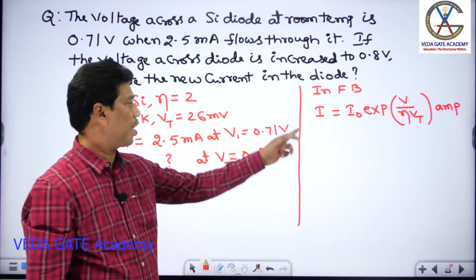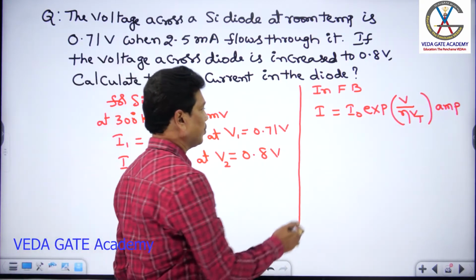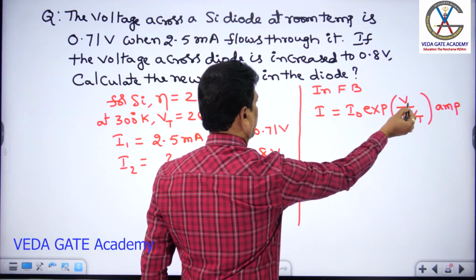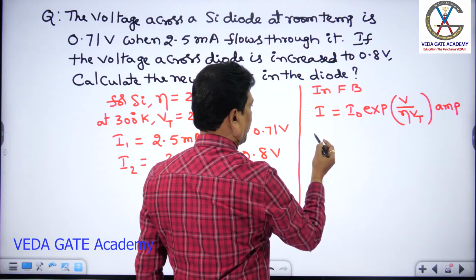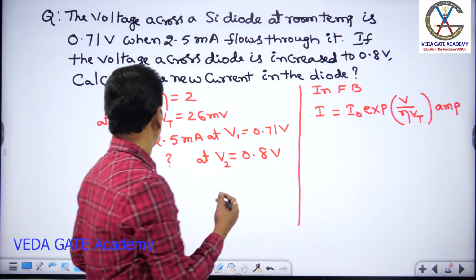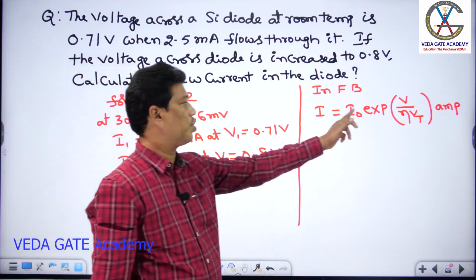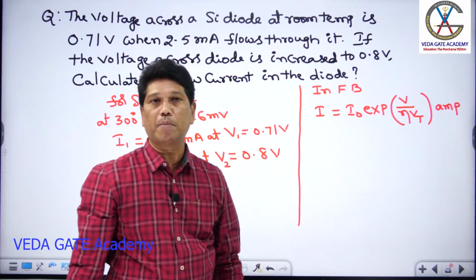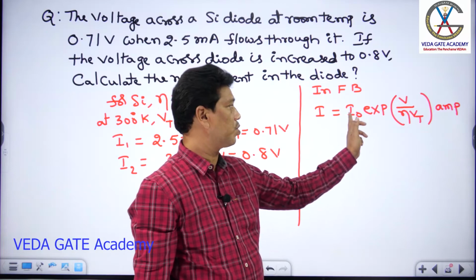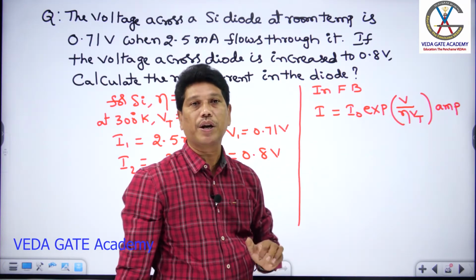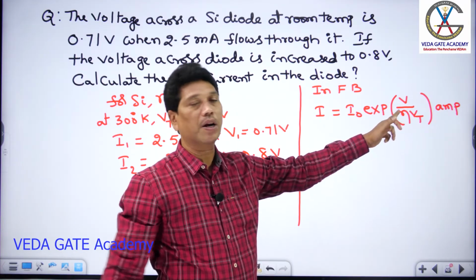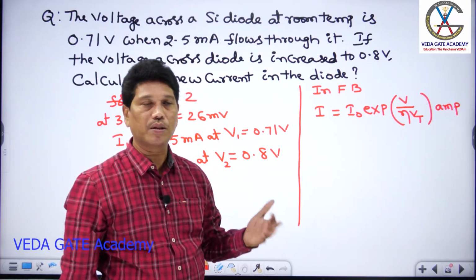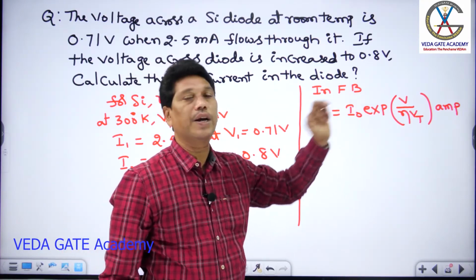Now I can indicate I1 with respect to V1, I2 with respect to V2. Here temperature is constant, meaning no change in I0 and no change in Vt. I0 and Vt are temperature dependent. Temperature is not changing, so no change in I0, no change in Vt, and the ideality factor also stays the same because the material is not changing. So only I and V are interrelated here.